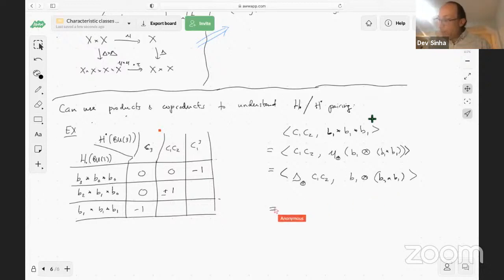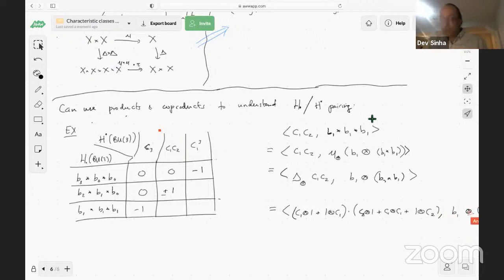Now we use that compatibility. The coproduct of C1, again, I'm leaving out components, but it's C1 tensor 1 plus 1 tensor C1. The coproduct on C2 is C2 tensor 1 plus C1 tensor C1 plus 1 tensor C2. And I'm supposed to evaluate that on B1 tensor B1 star B1.